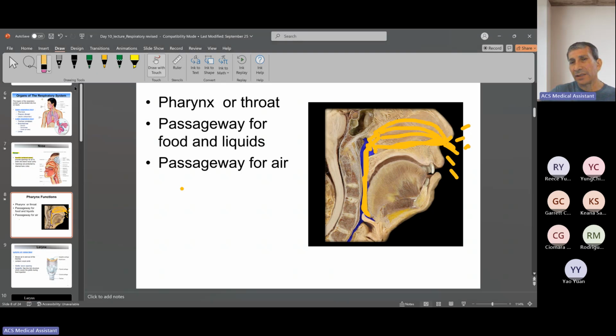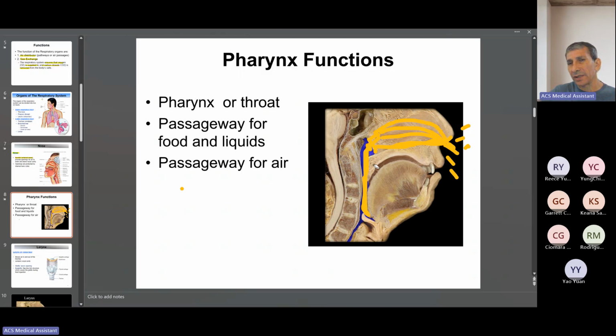So that's basically how this works. This blue, or something that looks like blue, is the pharynx. Remember, the pharynx is known as the throat. Air comes from the outside, enters through these tunnels and the nostrils, then it meets the other tract, which is the pharynx. Remember, these are just passageways.